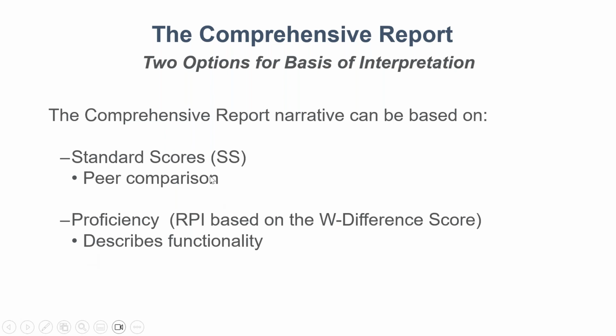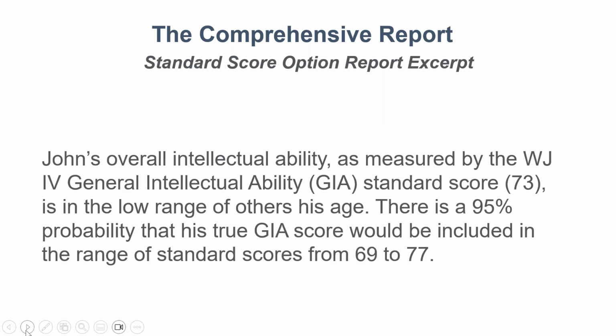I always recommend that you look at both when you're analyzing the student's results, because sometimes the standard score can overestimate or underestimate the student's performance. And if we really want to understand how that student is functioning in the classroom, we need to really take a closer look at the RPI, because that RPI is more aligned to students' classroom performance.